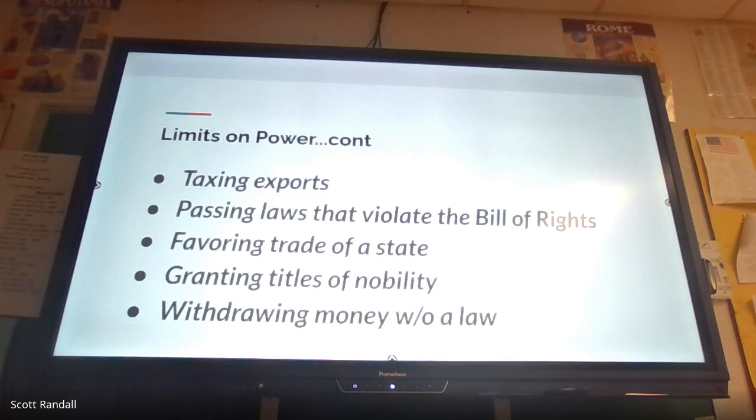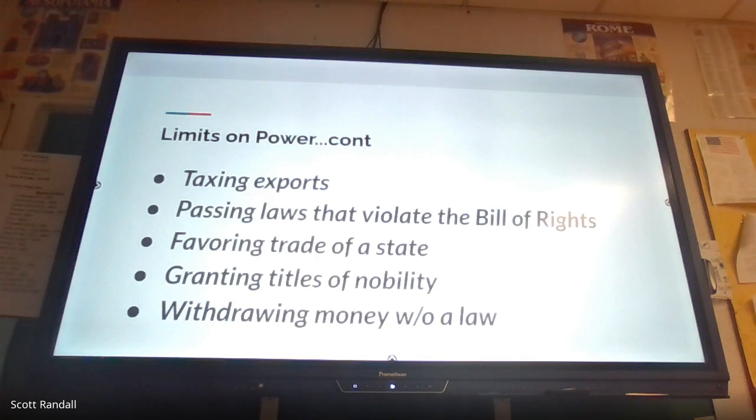You can't pass any laws that violate the Bill of Rights. You can't favor the trade of a state. No one state should have favorable trade agreements. You can't grant titles of nobility, nor can congressmen get titles of nobility while they're in Congress, like from Great Britain or whatever.